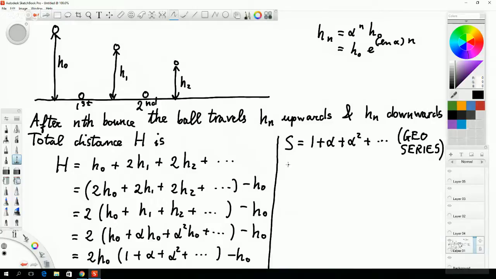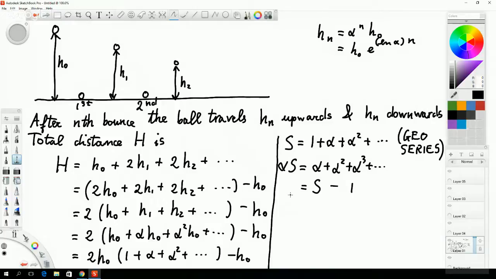What happens if I multiply both sides by alpha? Alpha S equals alpha plus alpha squared plus alpha cubed plus dot dot dot. But this right-hand side looks fairly similar to what S already was. It's just that we're missing the first one.